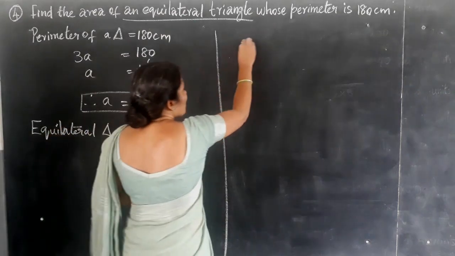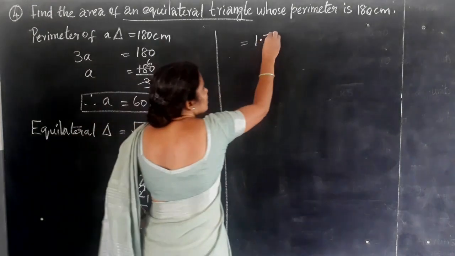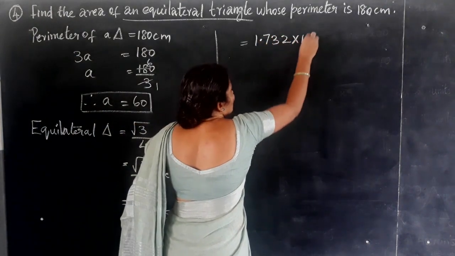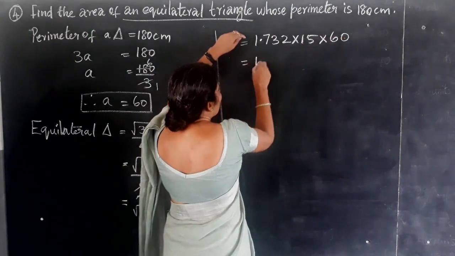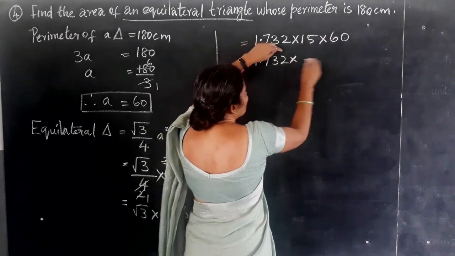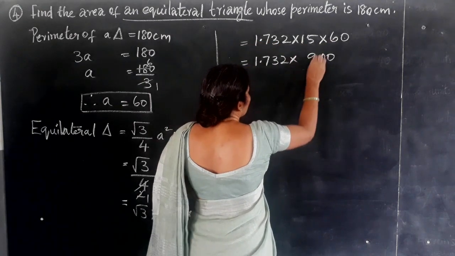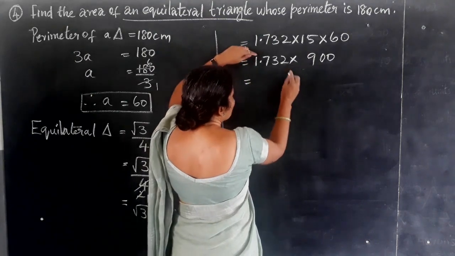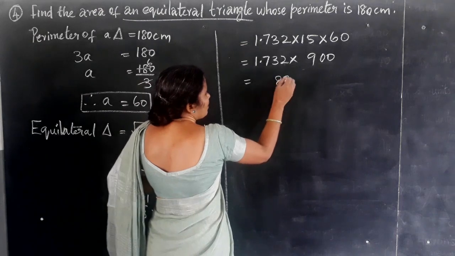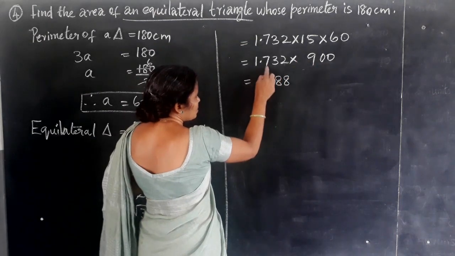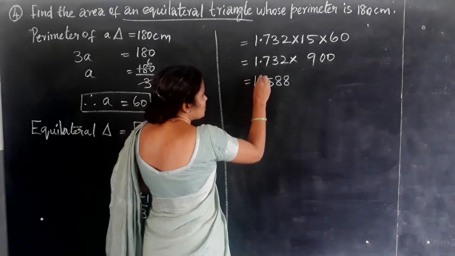And in the next step, root 3 is equal to the value of root 3, 1.732, into 15 into 60. So 1.732 into 0, 6 5s are 30, 0 3 1 6 7 8 9. So now multiply 9 2s are 18, 9 3s are 27, 28 remaining 2, 9 7s are 63, 64, 65, 9 and 6, 9 1s are 9, 9 plus 6, 15.